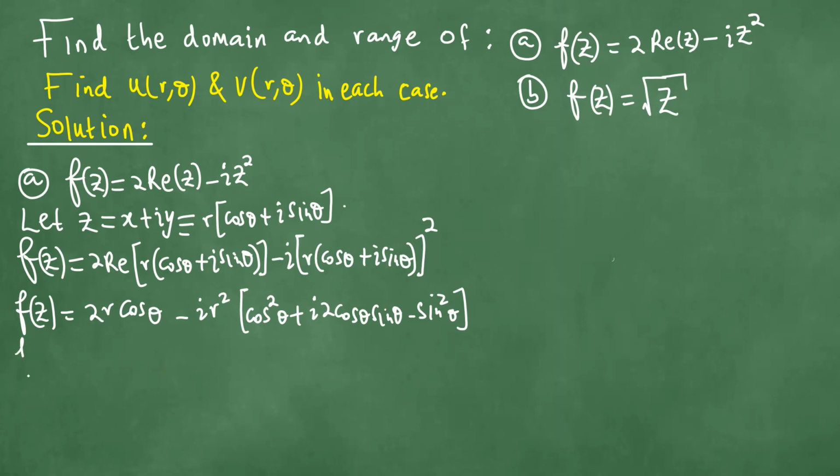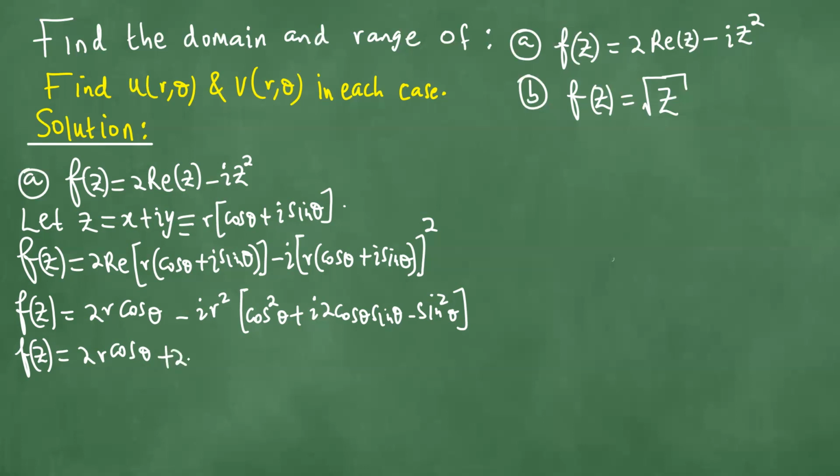Let's just rearrange the terms, so group like terms together. So we have here at this point twice r cosine theta. And then what do we get out of this?